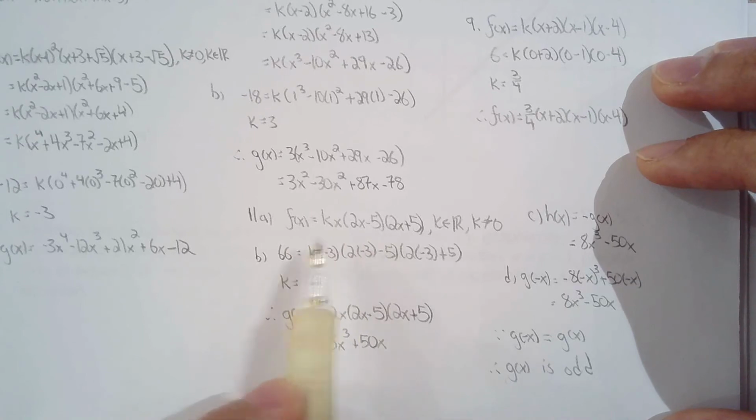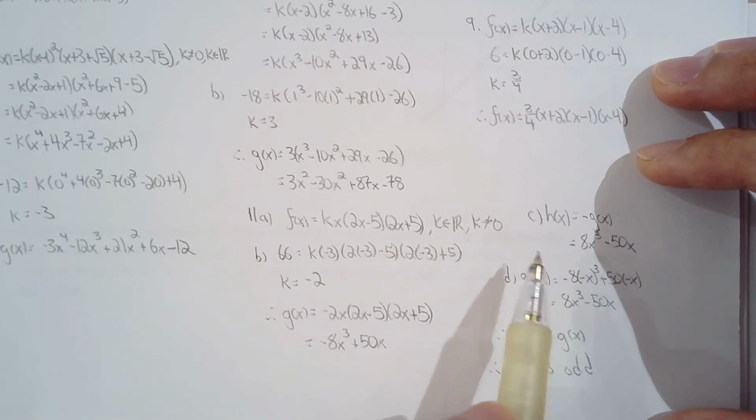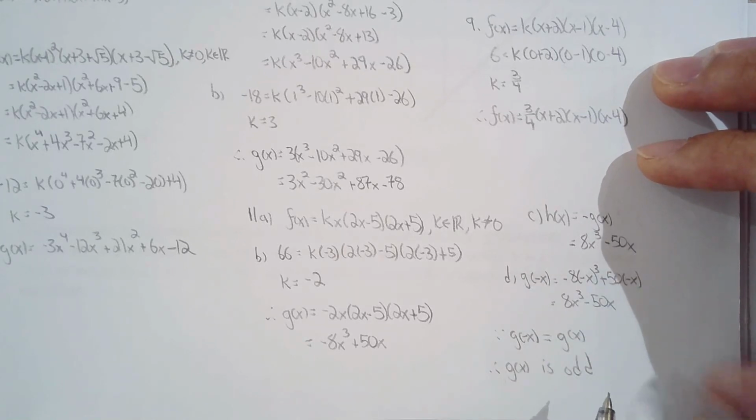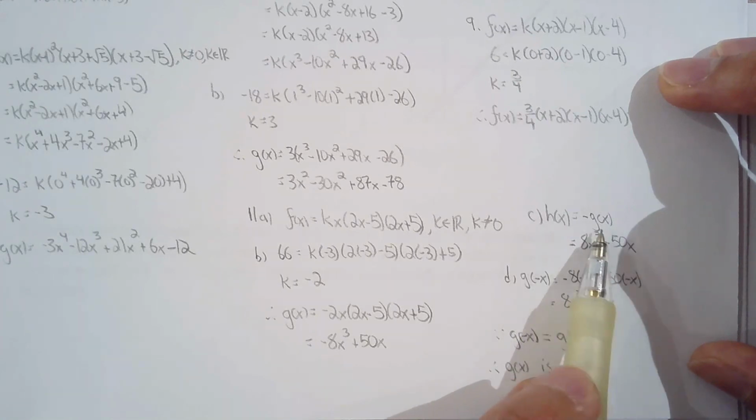It's an odd function as a polynomial, so we have to have it pass through the origin here. It passes through the point, so you can solve for the member. And C, they ask us what happens to reflect that across the x-axis. So just take g of x and multiply it by -1. h of x is negative g of x.